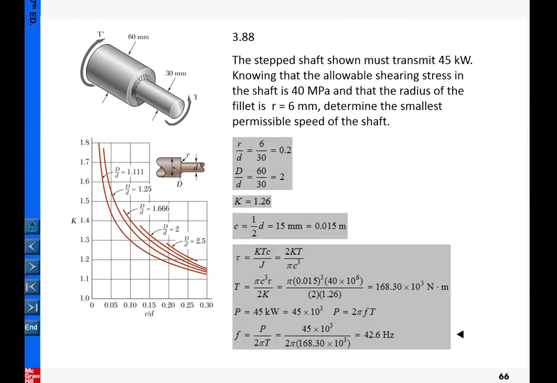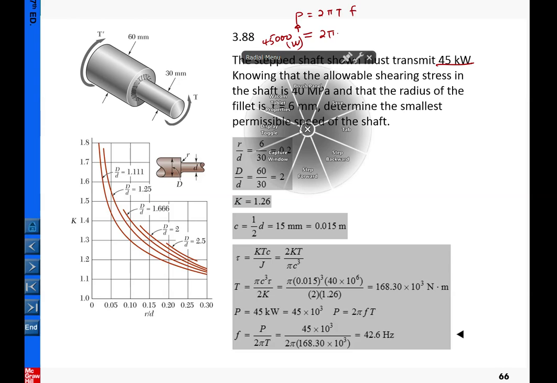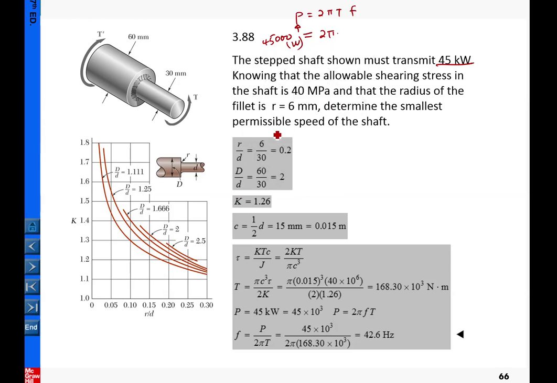And we take a look at another example here, the same shaft, and right now again P equal to 2 pi TF here. And for this case, P equal to 45 kilowatts, 45,000 watts. And then equal to 2 pi times, and here we want to know what is the maximum speed that can be allowed.